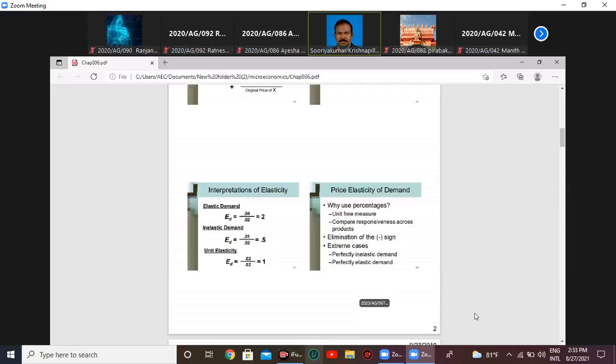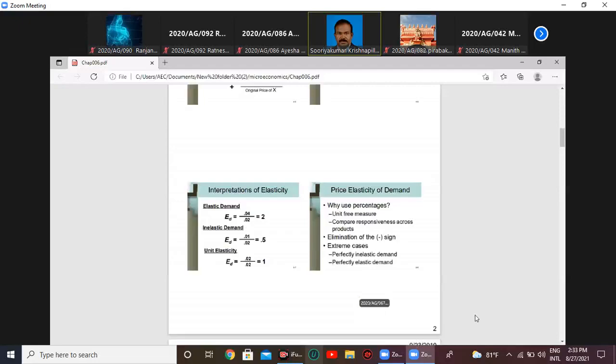Minus 2 means the demand is elastic, and consumers respond more to the price change, because price and quantity always move in opposite directions. For almost all goods the sign is negative and the demand curve is downward sloping; some goods may be positive, which we will study in detail.